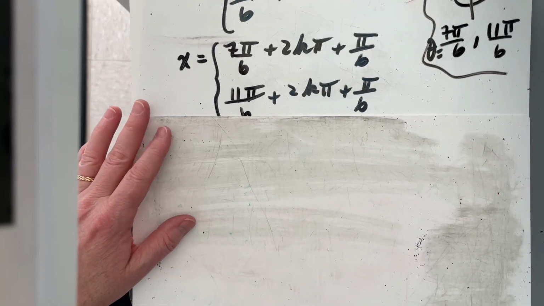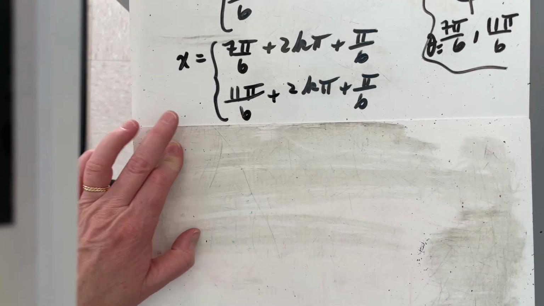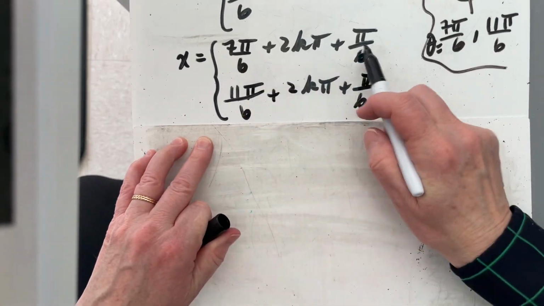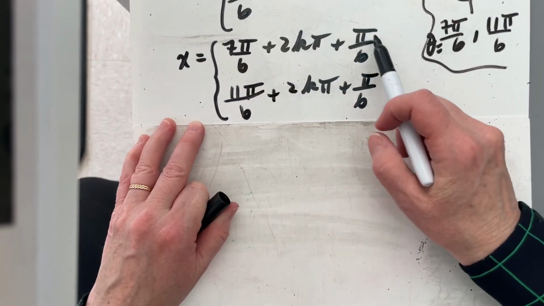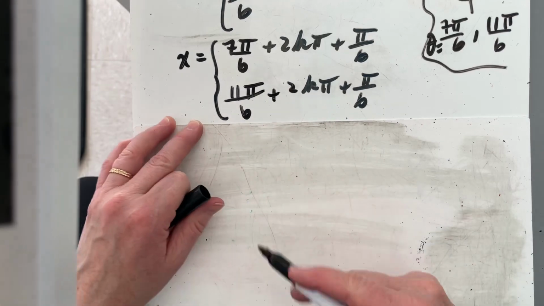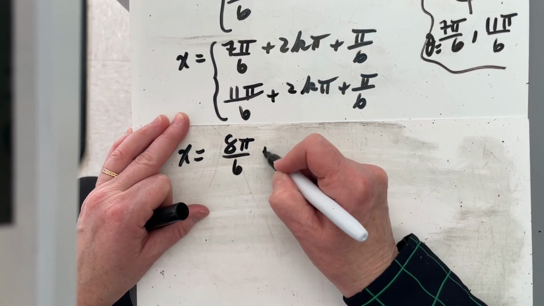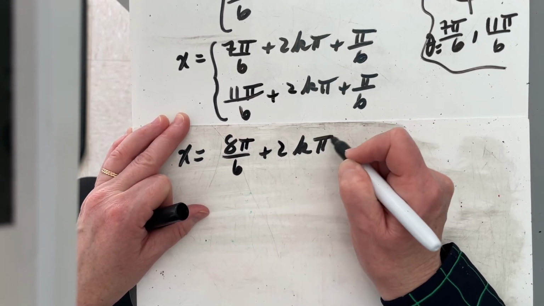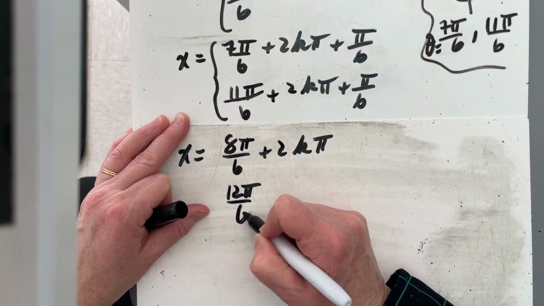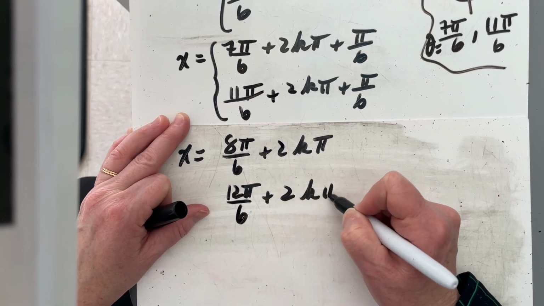We're going to now actually do that. We're going to add these things, so simplify each of these. Pi over 6 can be put together with 7 pi over 6. So our next step is 8 pi over 6 plus 2k pi and 12 pi over 6 plus 2k pi.